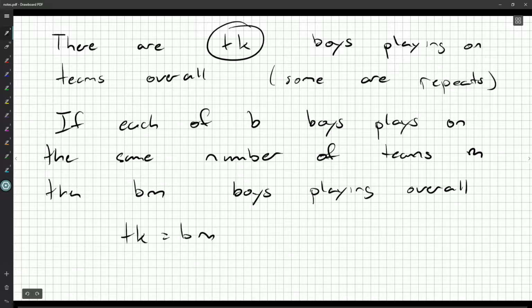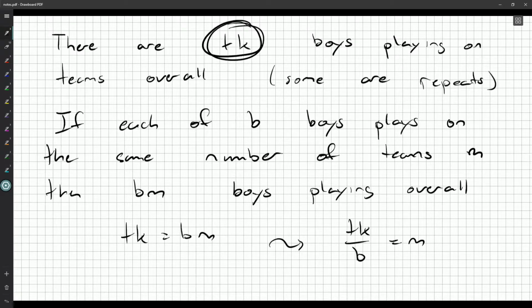TK is equal to BM, so just rearrange: TK over B is the number of teams a boy plays on. Okay? So you've got the total number of boys counting duplicates, divide by the number of boys you've got, and then you have the number of times that boy is duplicated. Being duplicated just means he's playing on another team. Okay? So there we go.